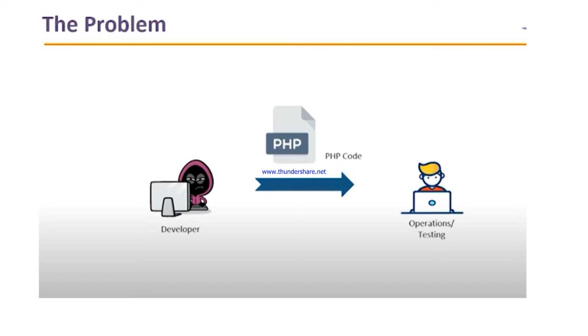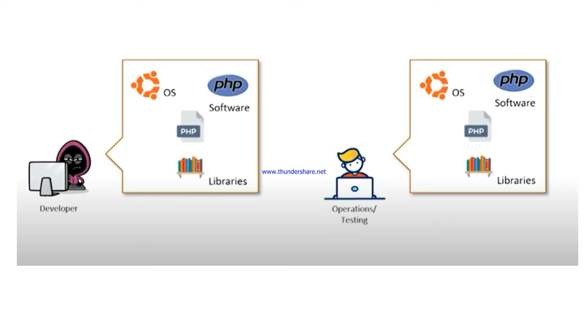Whenever the product goes into the testing environment, testers can do testing. Testers should know the complete test cases and everything. If they want to test that code, they need the related packages and software. So testers also need the operating system, PHP software and third-party libraries at the same time.